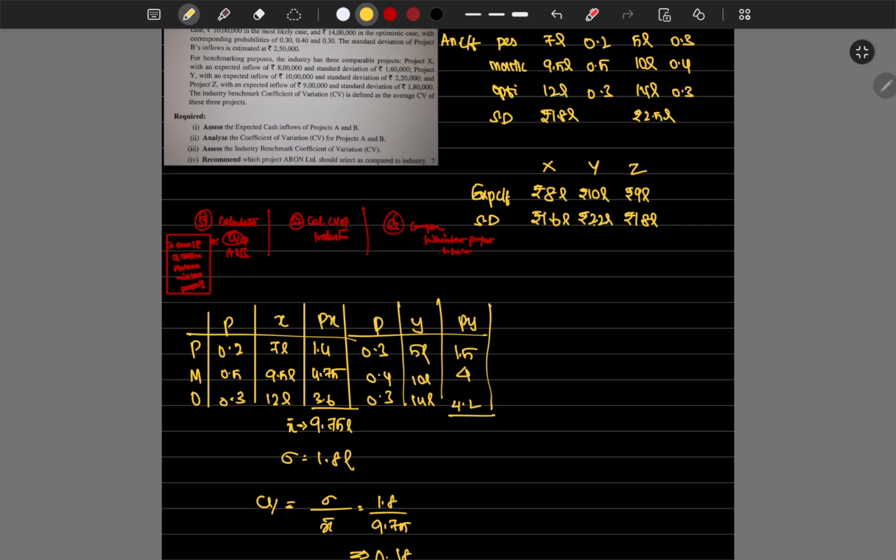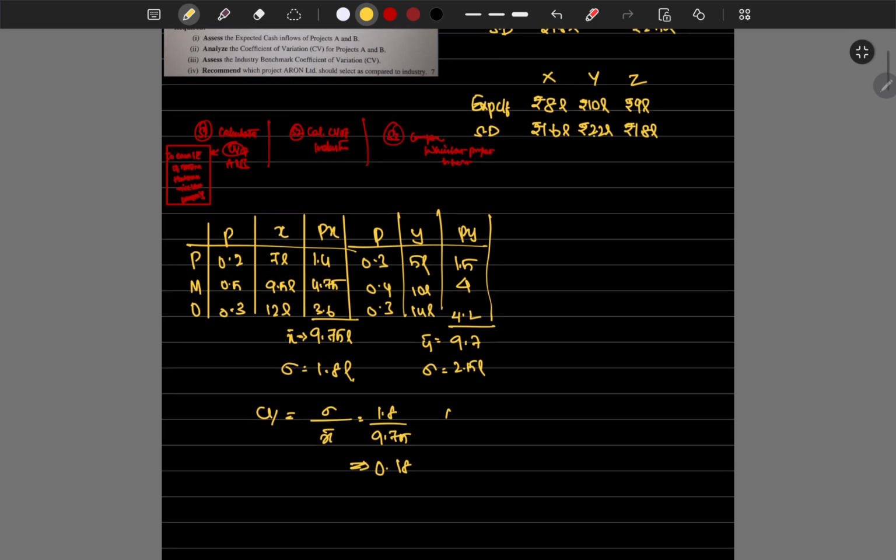The total is 1.5 plus 4 plus 4.2, which is 9.7. This is the expected return of Y. The standard deviation of Y is 2.5 lakhs. So CV is sigma divided by x bar, which is 2.5 divided by 9.7, which is 0.26. So we have calculated the CV for both proposals.